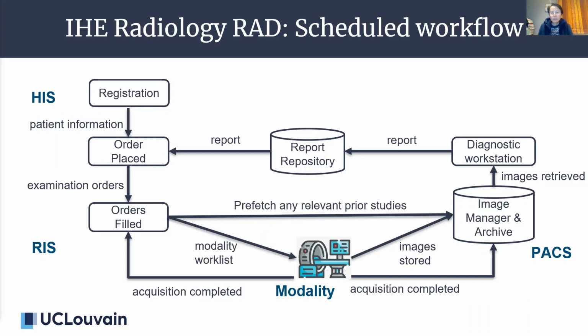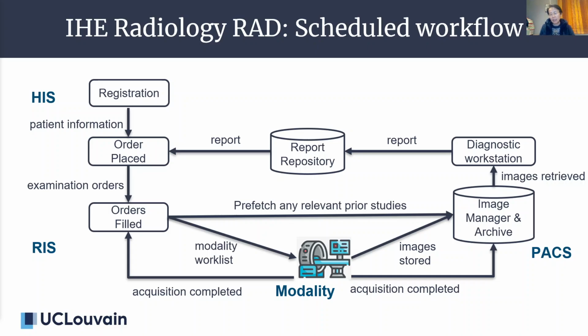The general workflow starts with the registration. The patient is seen by the physician and a new order is created. The radiology information system, RIS, processes the order, retrieves the relevant studies, generates a worklist, and shares it with the modality device.